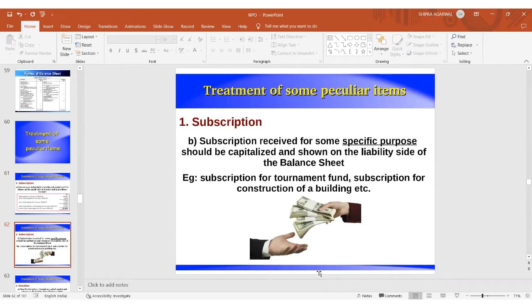But if it is a specific subscription, say for example, subscription for a tournament fund, or maybe subscription for construction of a building, or any particular purpose is defined for that subscription, then it is known as a specific subscription. And that specific subscription has to be capitalized. That means it will be shown on the liability side of the balance sheet, right? Because capital transactions are not shown in your income and expenditure account.